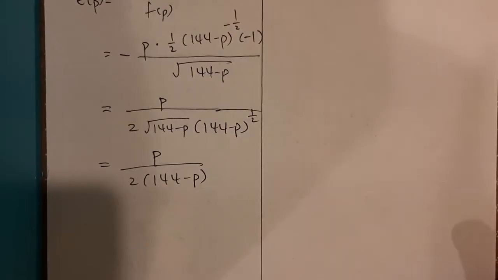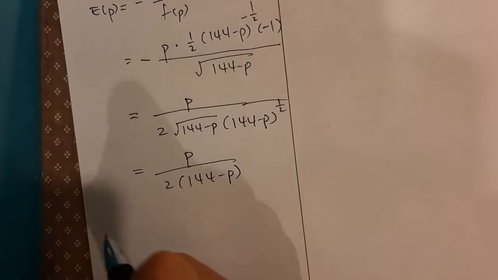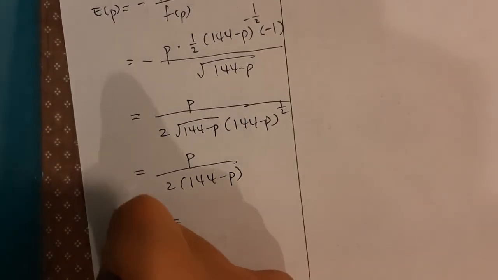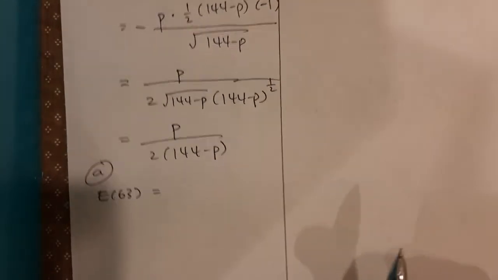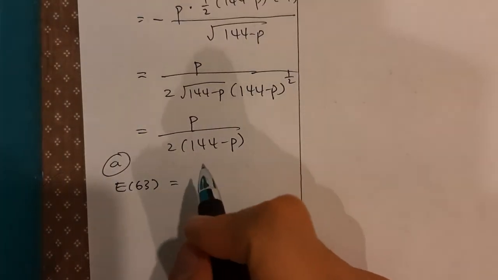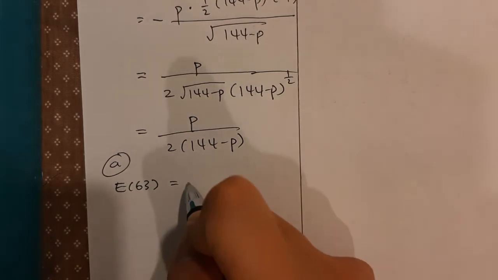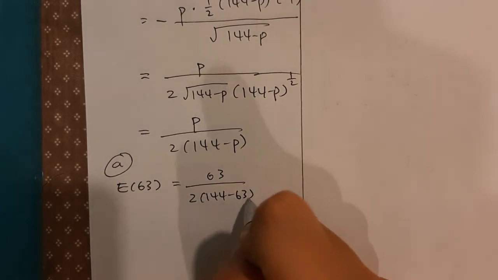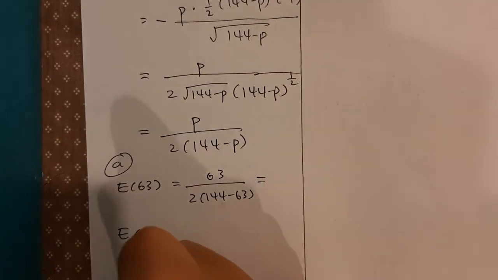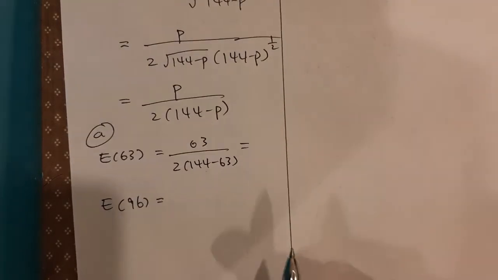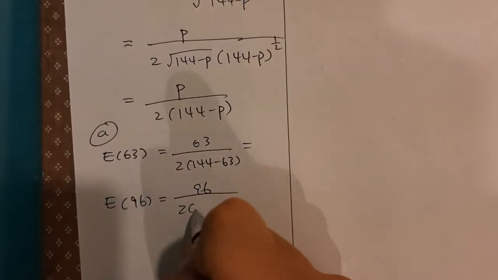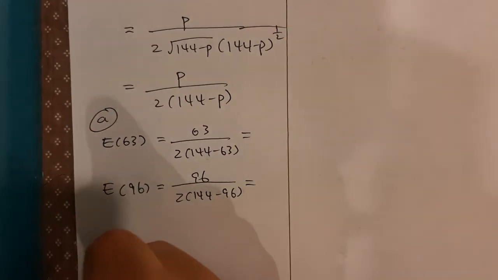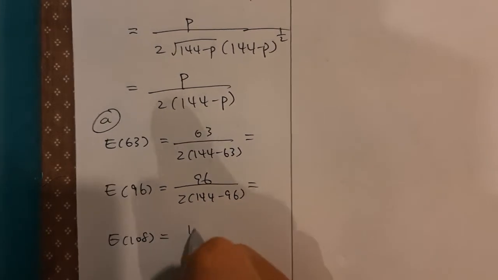Now that we have this equation, we can figure out E of 63. That is part of letter A. E of 63 is 63 over 2 times 144 minus 63. We can also figure out E of 96. You can also figure out E of 108.